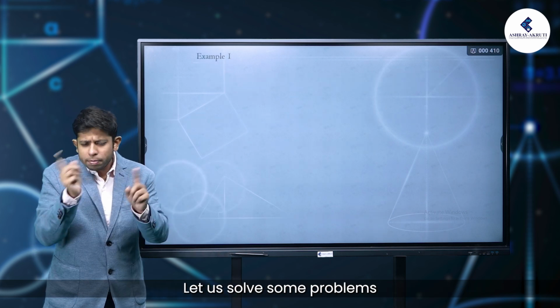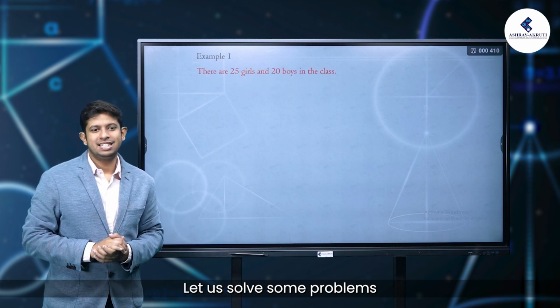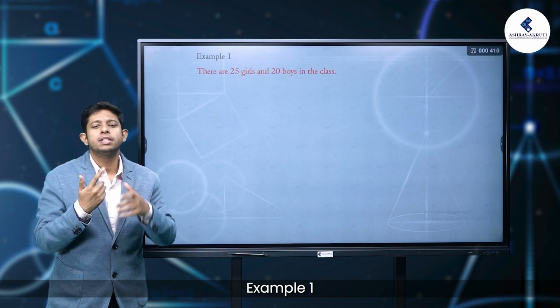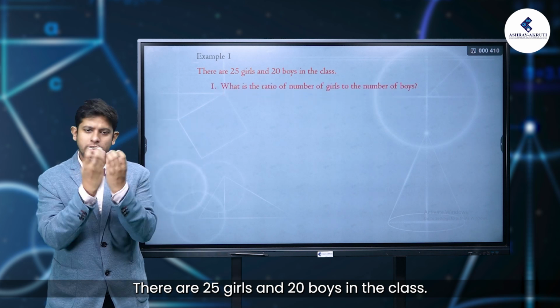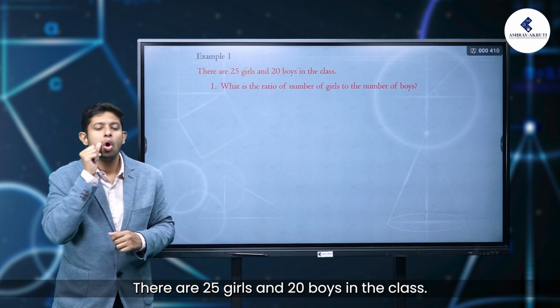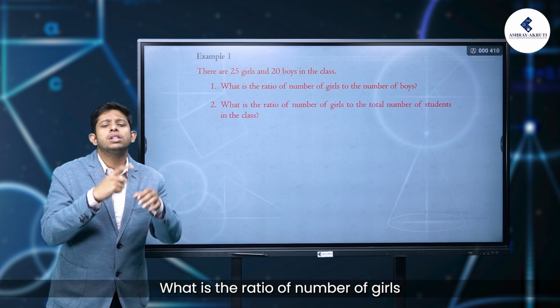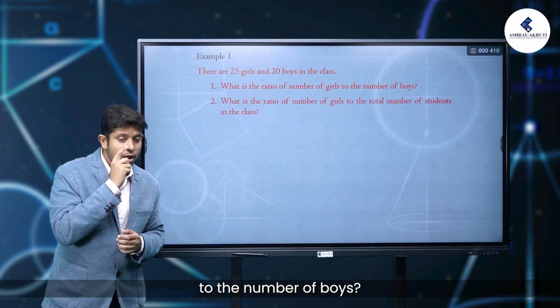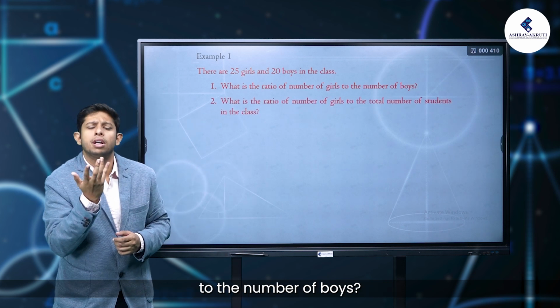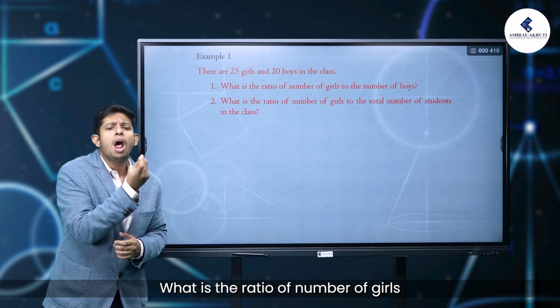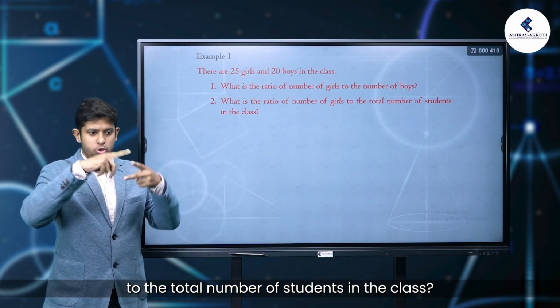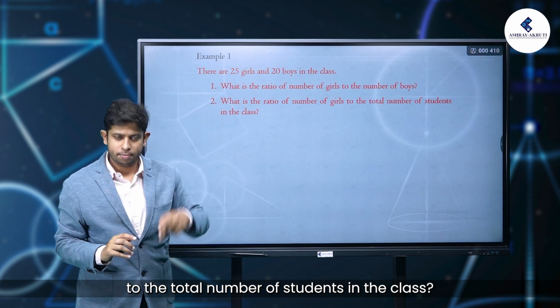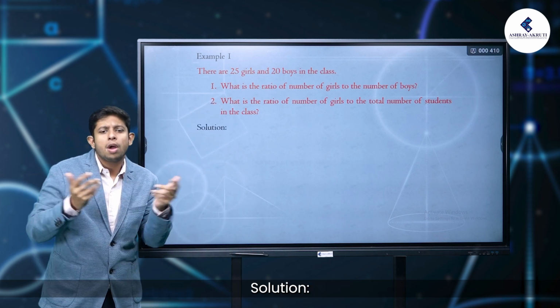Let us solve some problems. Example 1. There are 25 girls and 20 boys in the class. What is the ratio of number of girls to the number of boys? What is the ratio of number of girls to the total number of students in the class? Solution.